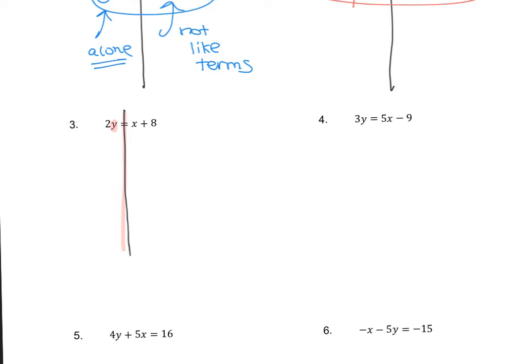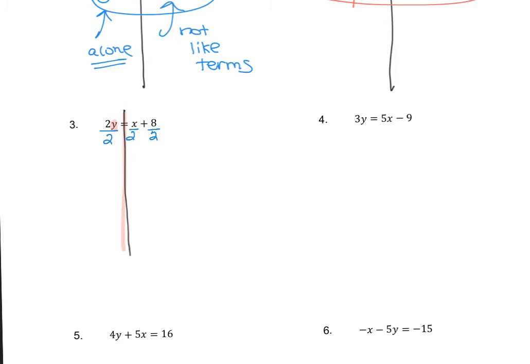Something's smushed together with it. And smushed together means multiplied. So what I have to do is I have to divide. When I have to divide, whatever I do to the left, I have to do to the right. But now there's multiple things on the right. So I have to do it to this on the right, and I have to do it to that on the right.